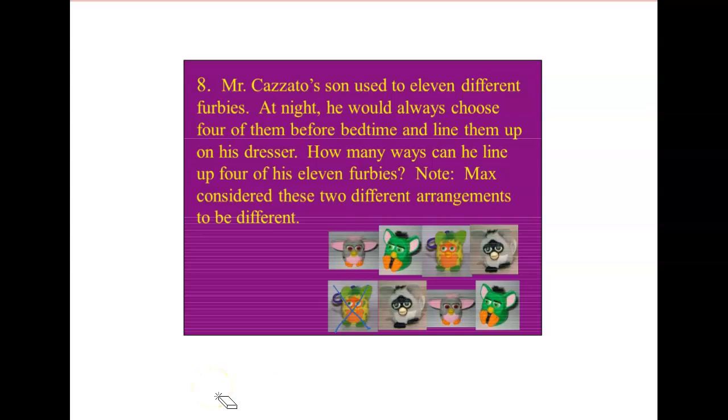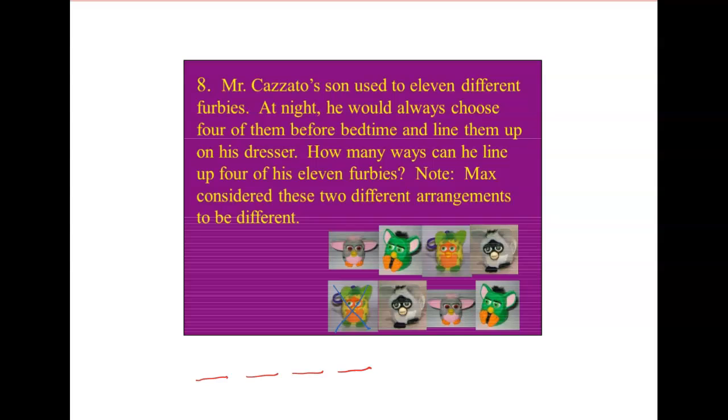Let's take a look at problem number 8. When my son was younger, he had 11 different Furbies, and I have some pictures of the various Furbies he had. Let's assume all the Furbies are different. And every night he would line up 4 of them. Sometimes his sister would go in and rearrange them, and he would get upset because Max considered a specific arrangement to be different. So I'm going to use the dash method here. I'm going to draw 4 dashes.